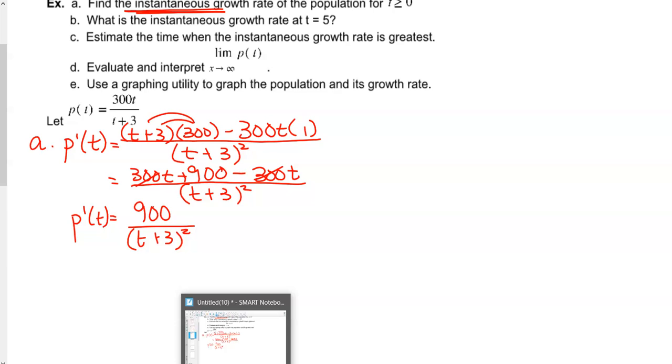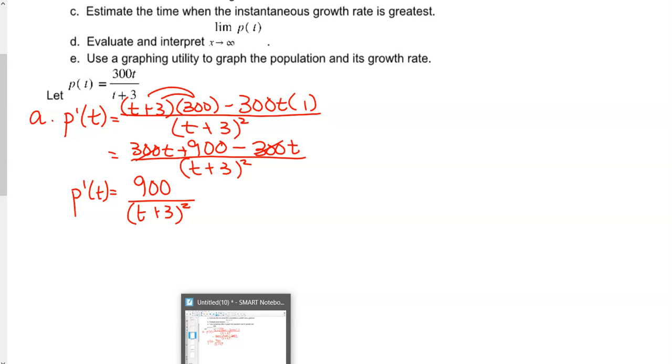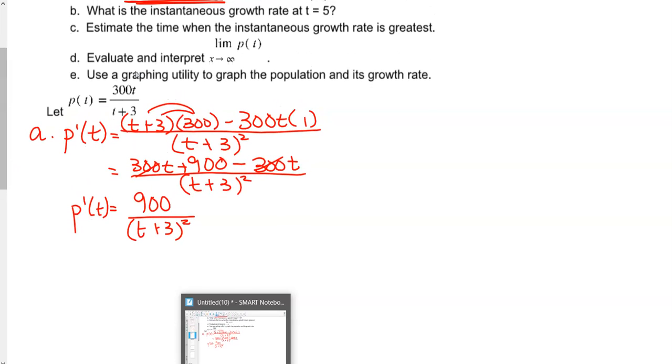So that's part A. Part B then is asking us what's the instantaneous growth rate at t equaling 5? Well, when I have the instantaneous growth rate, p prime of t, I get to now just plug in 5. So I want p prime of 5, which is 900 all over (5 plus 3) quantity squared.